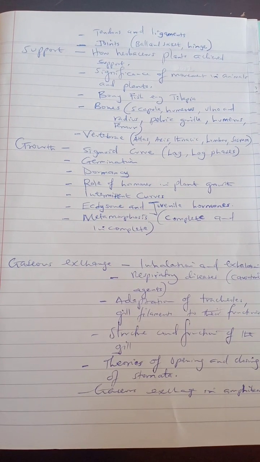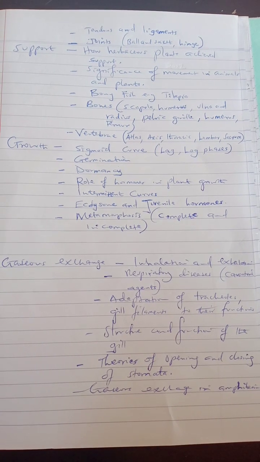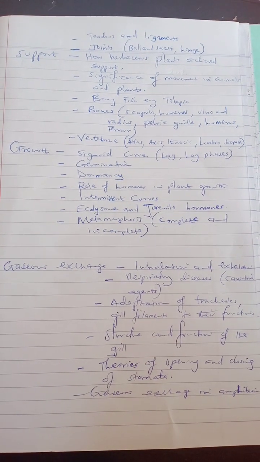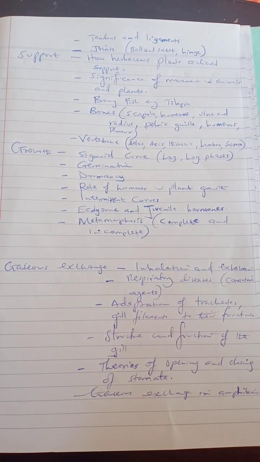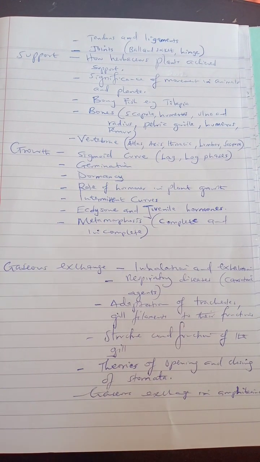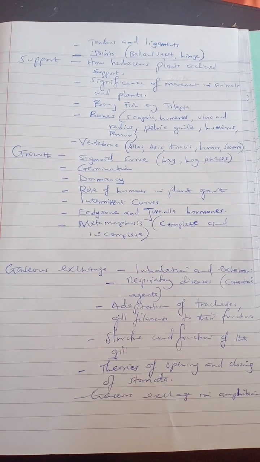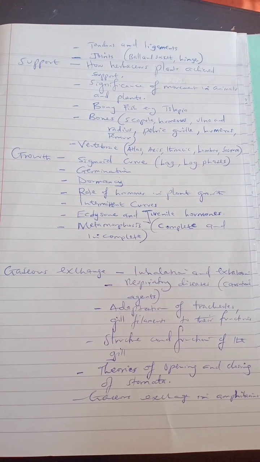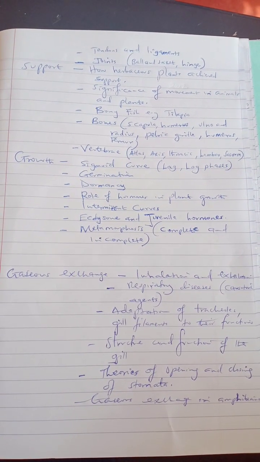And then for growth, you have to go through and understand the sigmoid curve, especially the lag and log phases, what happens there. Germination. For germination, you have to know the meaning of germination, types of germination, and then factors affecting germination of seeds. You must be aware of that.